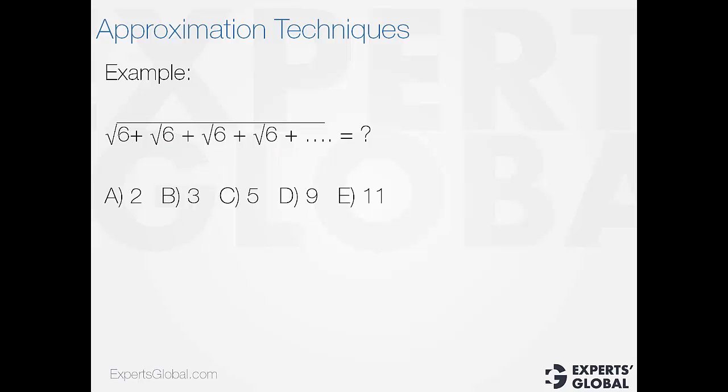So you have square root of the first number, square root of 6 would be approximately 2.4, 2.5 something. So write it as 2.4 plus square root of, 6 plus 2.4 is the square root of 8.4.